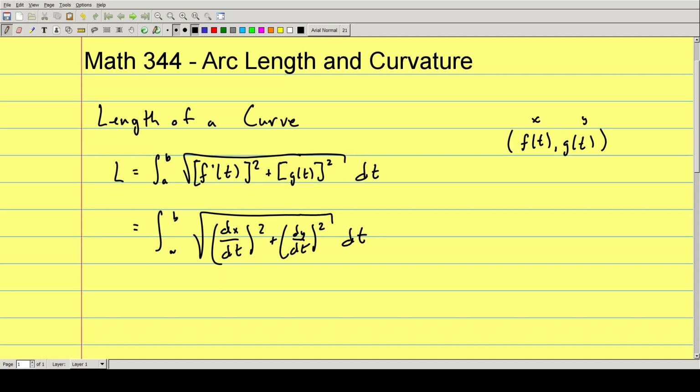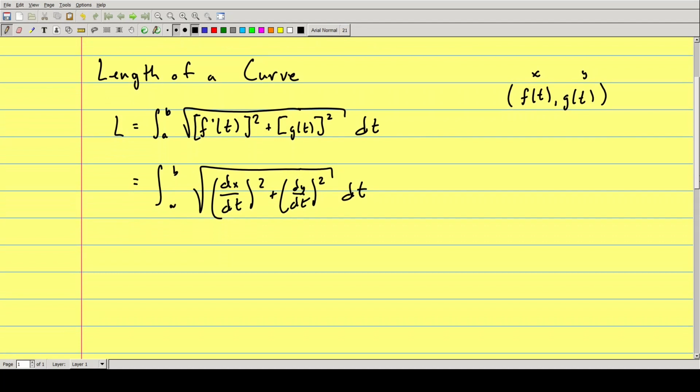And if we have the parameterized version of the function, we could use Leibniz notation instead of our function and prime notation. But it all means the same thing, all right? Now, if we extend this to 3D, there isn't any extra work to do, okay? We just make it bigger.